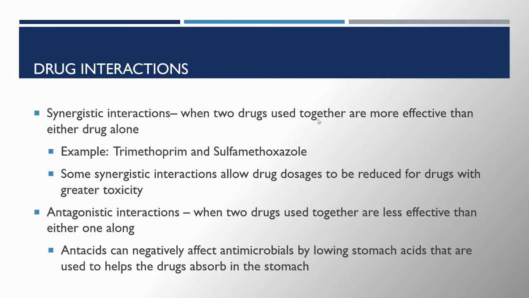Together, these two are more effective than either one alone, and a lot of times that allows the dosage to be reduced. So if either one of those has high toxicity, having them together, we can reduce the one with the higher toxicity.